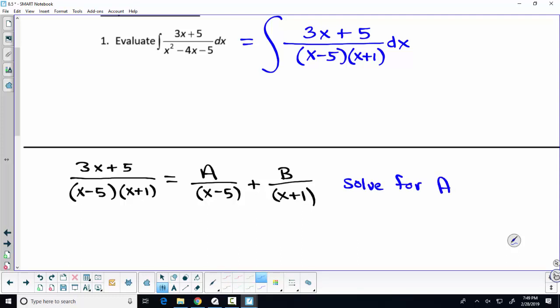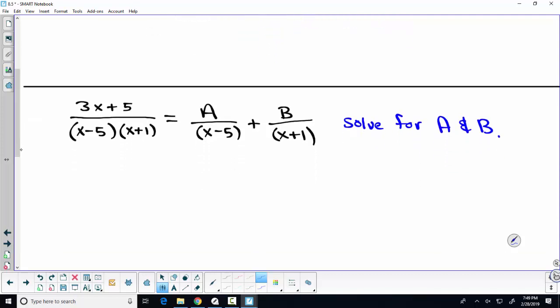So A and B wouldn't be 3x and 5? No. A and B are actually going to be numbers, so that when we add the A part and the B part, we do get 3x plus 5.